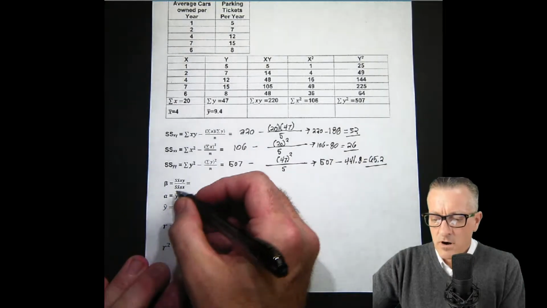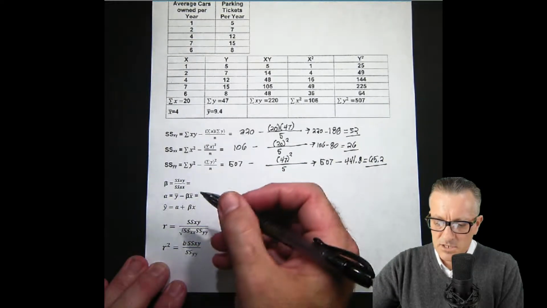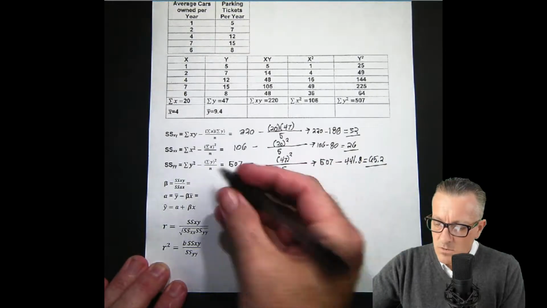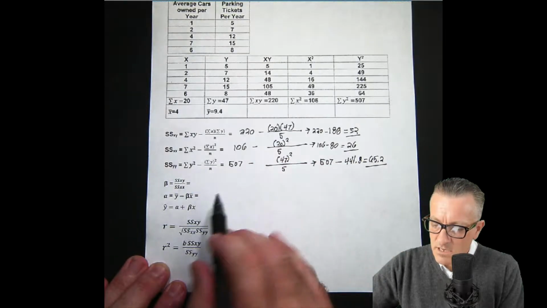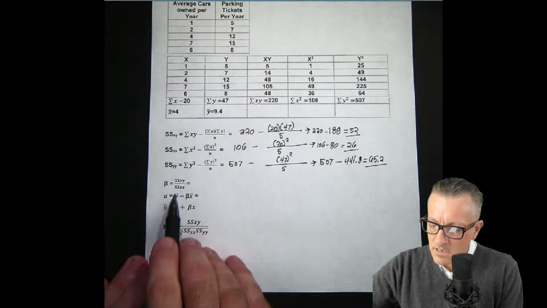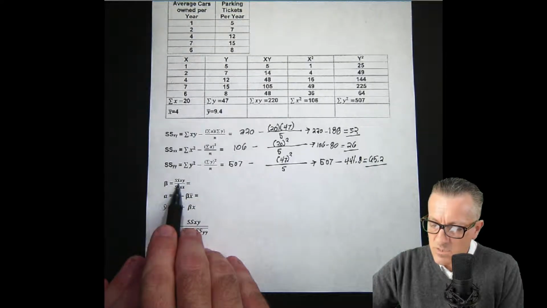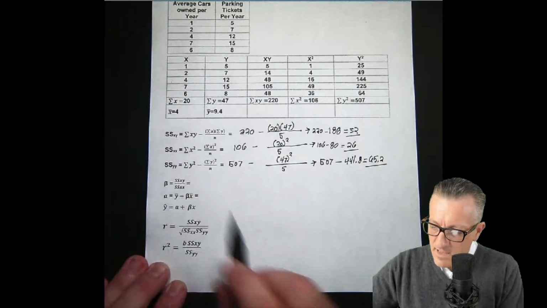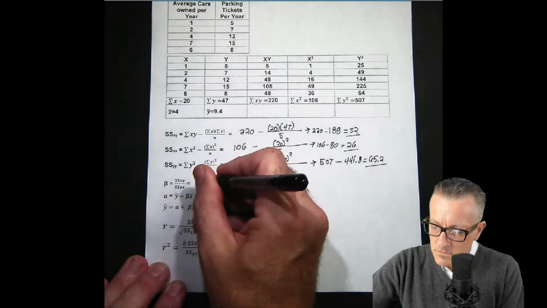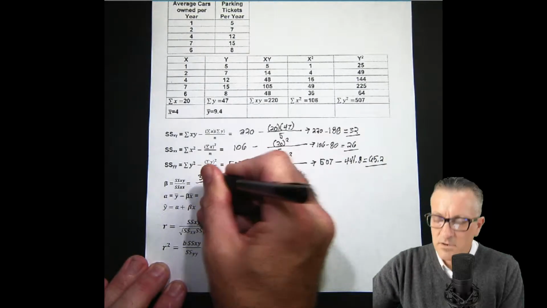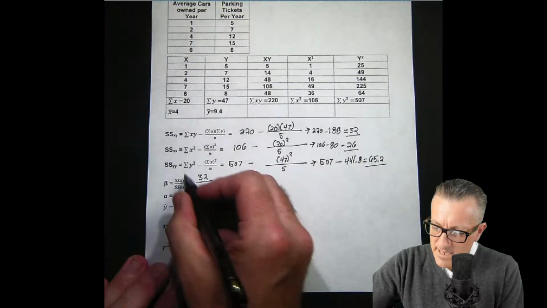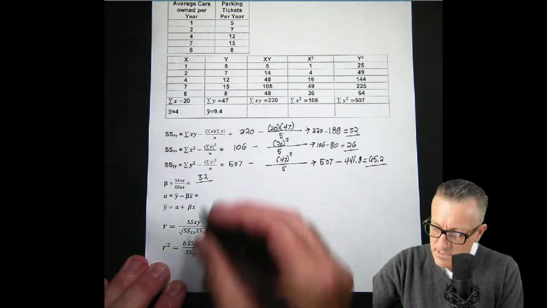Okay, for our b, which is essentially the slope of this line, b is going to be SSXY, and that is 32, over SSXX, which is 26.